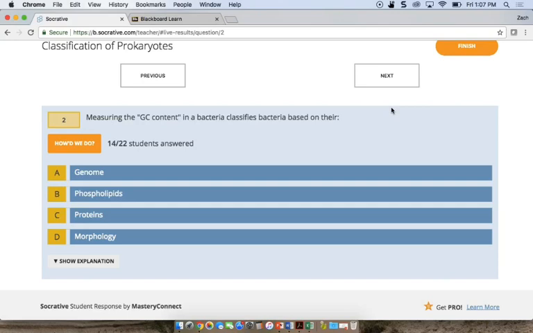So as you guys are plugging in the answers, I'm not grading these by any means, but where do we see G's and C's together? DNA. Nucleotides, right? GC is base pair. So in this case, it's genome. It's basically you're measuring or classifying the genome.